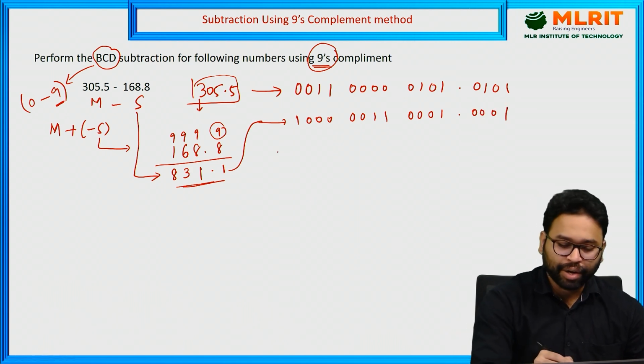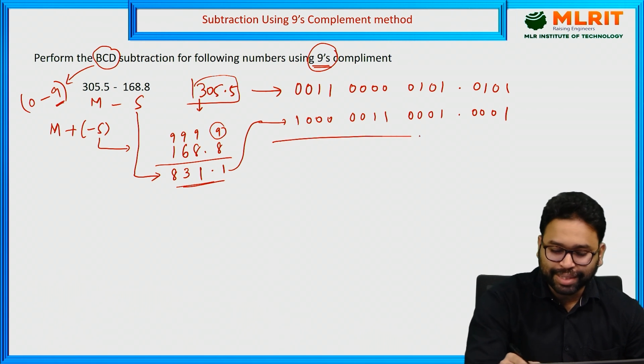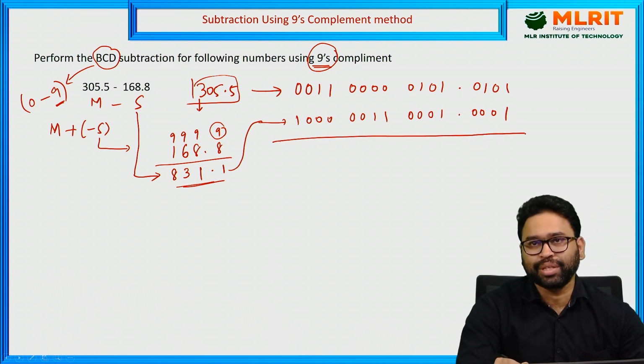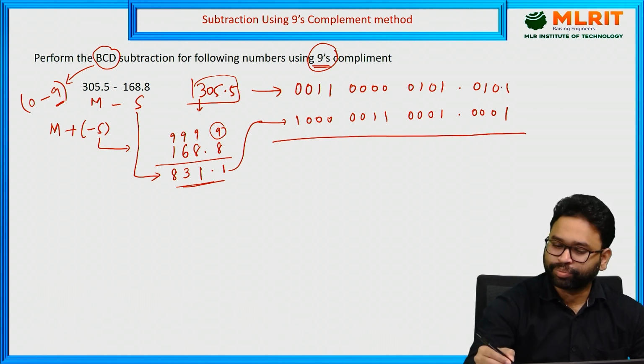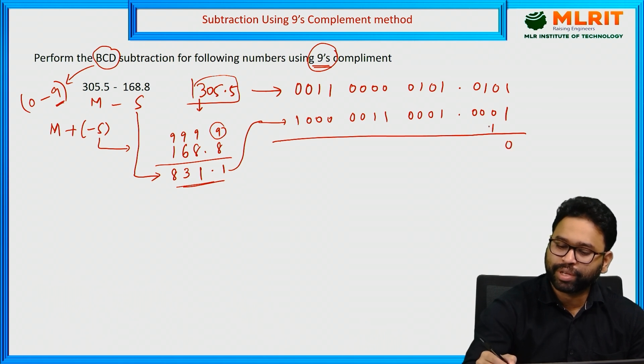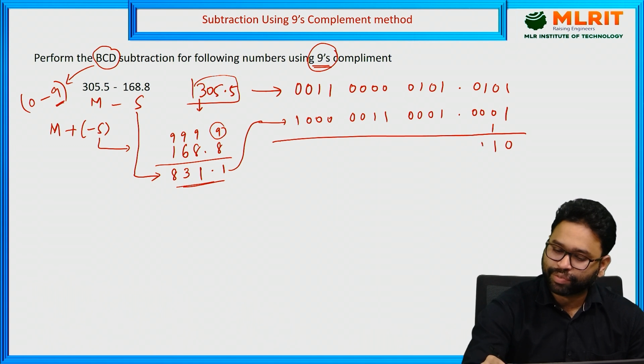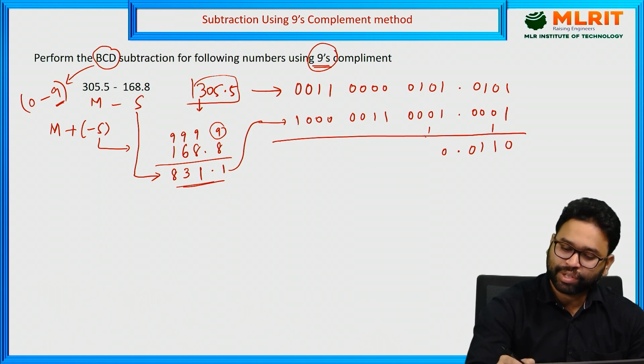Right, now we are supposed to perform the basic BCD addition. So 1 plus 1 it will be 10. 0 plus 1, basic binary addition, 1, and 1 plus 0 it is 1. 0 plus 0 it will be 0. 1 plus 1 leads to a carry, and here the resultant sum is 0. 0 plus 1 is 1. 1 plus 0 will be 1.